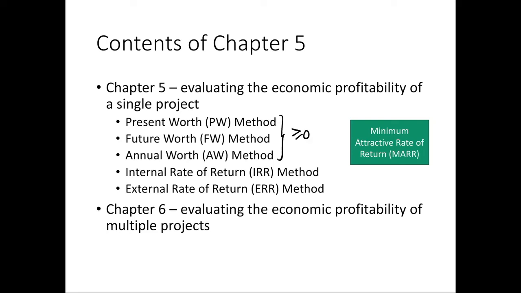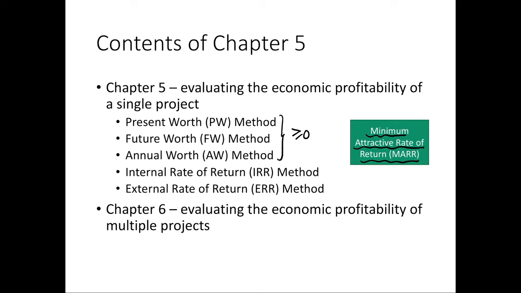Okay, but the tricky part is if you want to do the conversion, you will involve interest rate. Okay, and in this single project evaluation, the interest rate is going to be something called minimum attractive rate of return. So MARR, that's going to be your interest rate for the timeline.